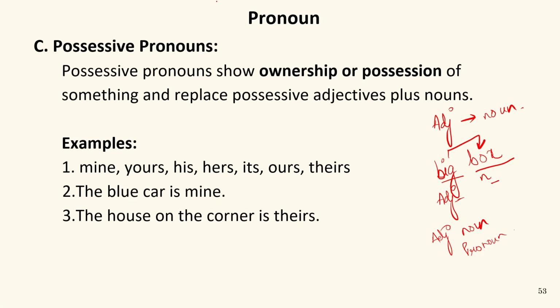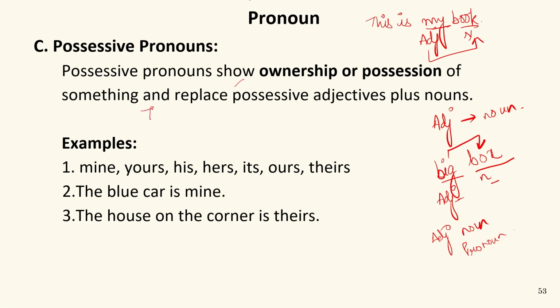Now suppose this sentence is written: "This is my book." Book is a noun and my is an adjective, which qualifies the book.